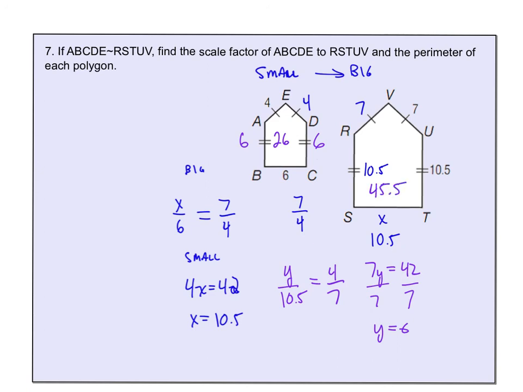So that should be 45.5. There's my answer. Now this was a little muddled, but it all stemmed from this idea of 4 and 7 matching up. And that's how I used it a couple of different ways to help me fill in my sides. That's what I'm doing.